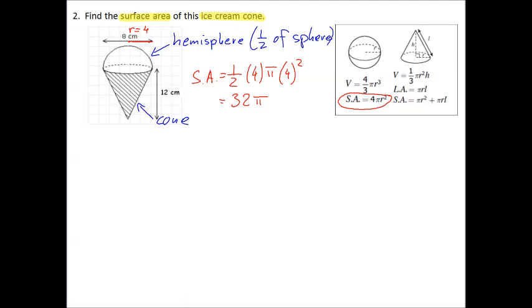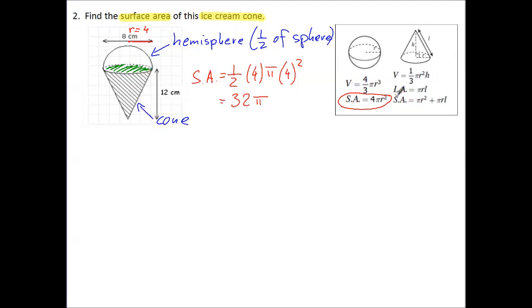Next, we need to measure the area of our cone. When we do that, we need to consider that it's not the surface area we're looking for the cone, because the base of our cone, which is this area in here, is actually covered by the hemisphere. This part is not towards the outside, so what we're really looking for in a cone is the lateral area.